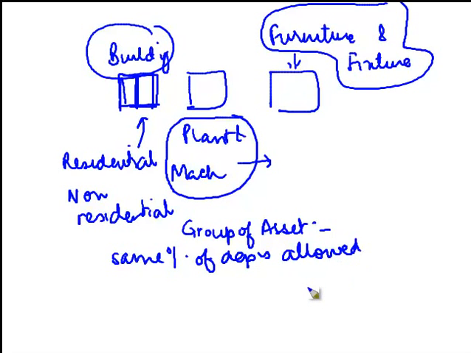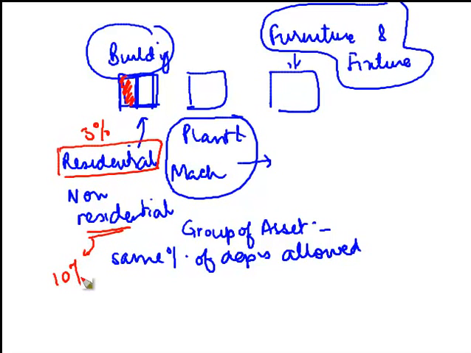Now, what do you mean by this? This basically means that, let's say, for example, let me use a different color to point this out. Let's say you have these buildings which are residential buildings, on which 5% depreciation is allowed, right? And then non-residential buildings, you are allowed 10% depreciation, right?